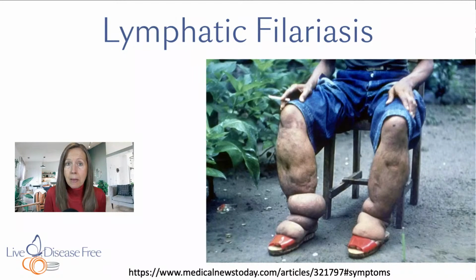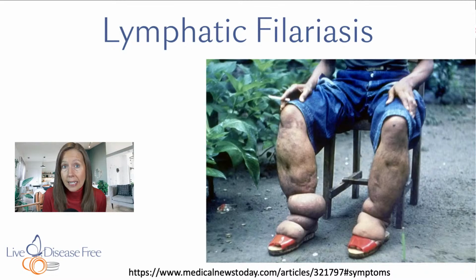So the anatomy of this worm is that it can grow up to 15 inches long. The female worms are longer than the male worms, and they have a tapered body towards the tail, which is coiled. Again, the life cycle is very similar. We get this type of worm, or the livestock would get this type of worm, from mosquitoes.